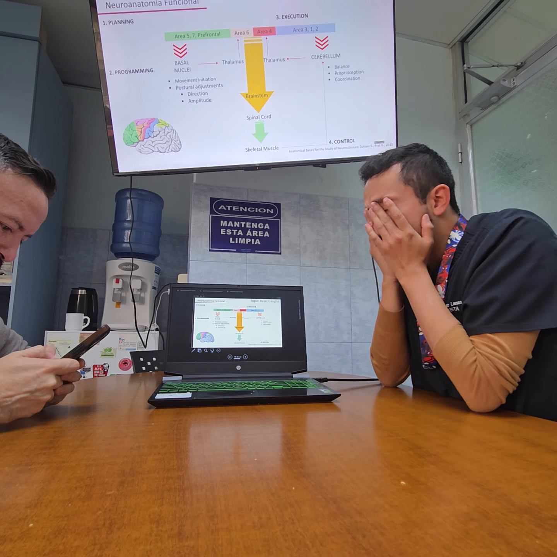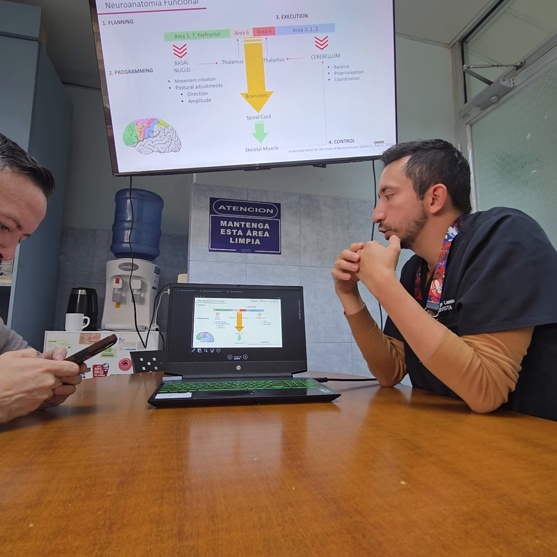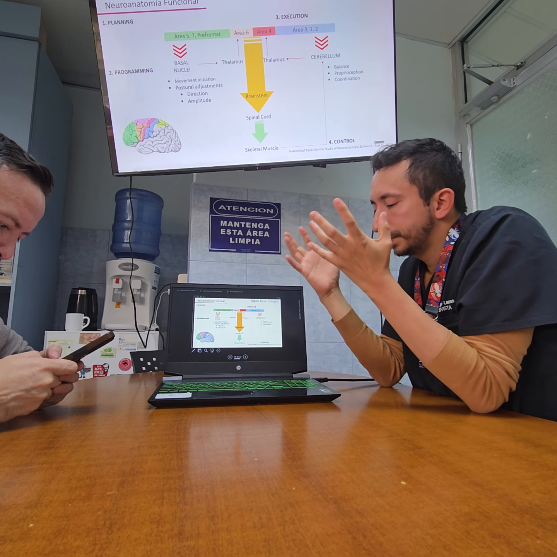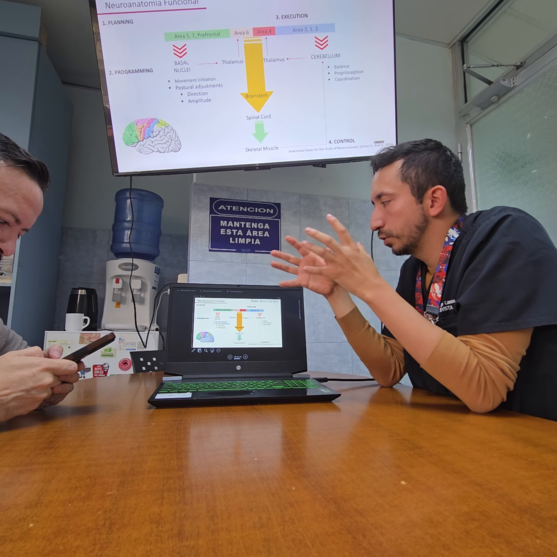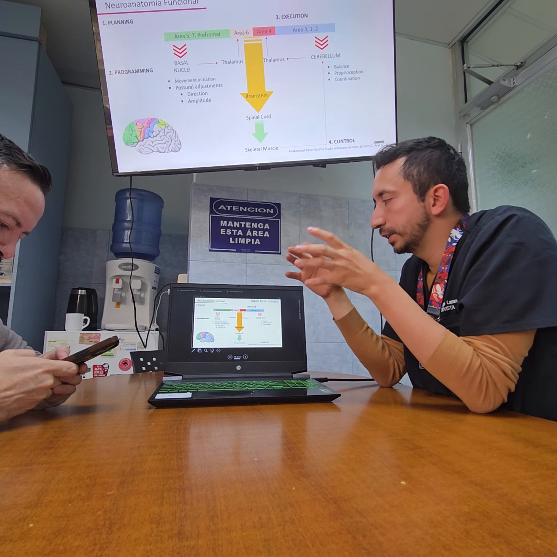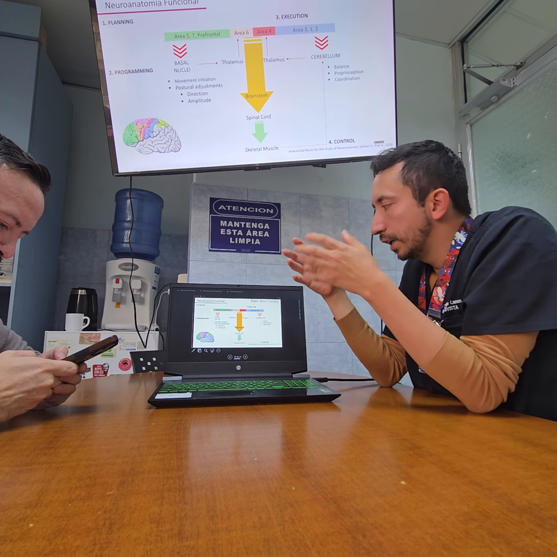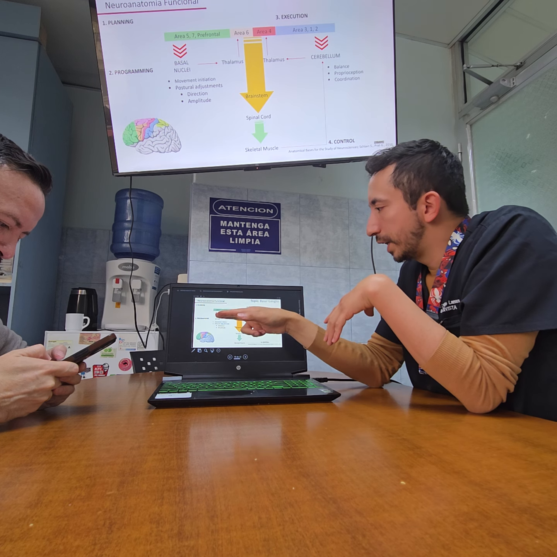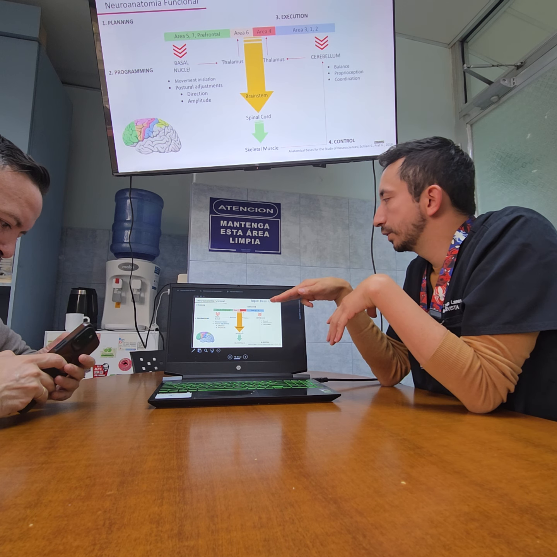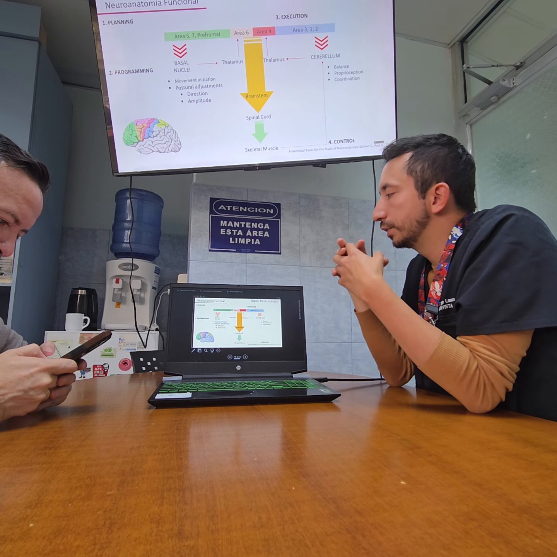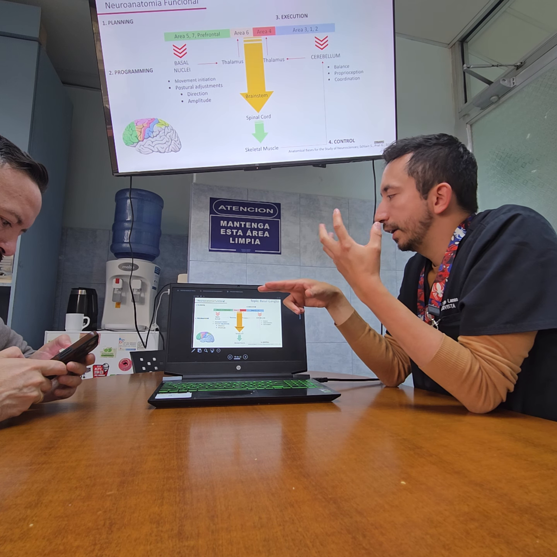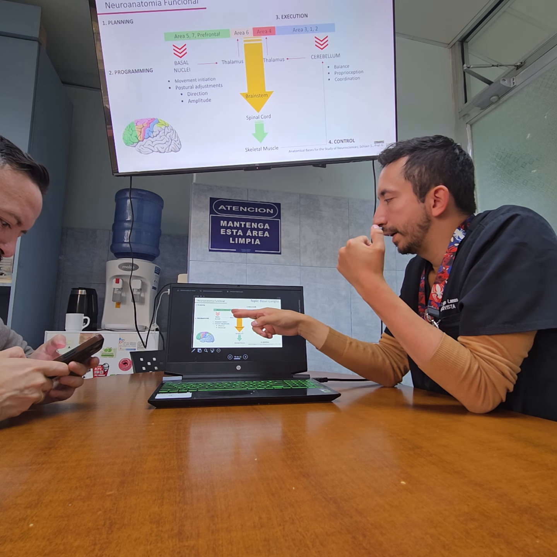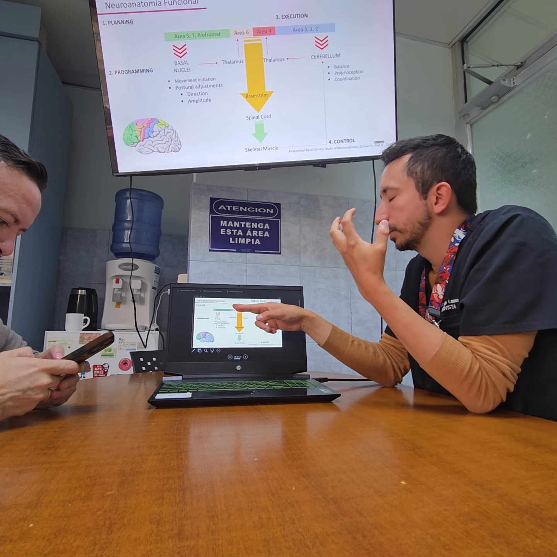So in this image, I put a summary of how movement is organized in four stages: planning, programming, execution, and control. Planning occurs in cortical areas, mainly the prefrontal and somatosensory association areas.